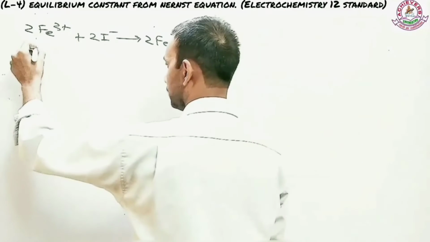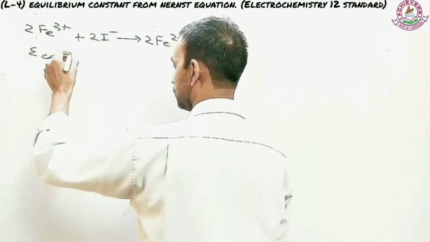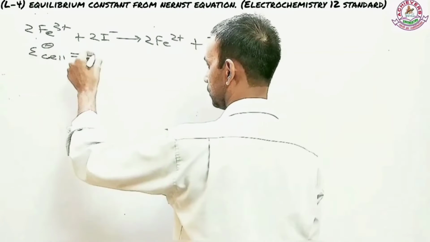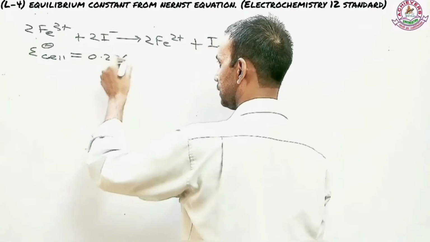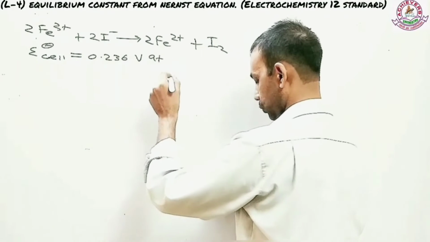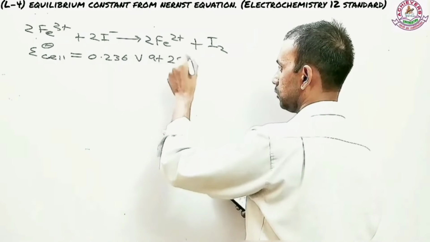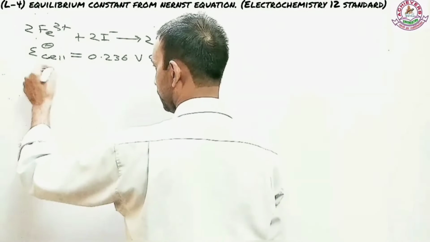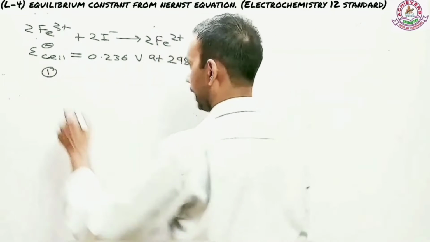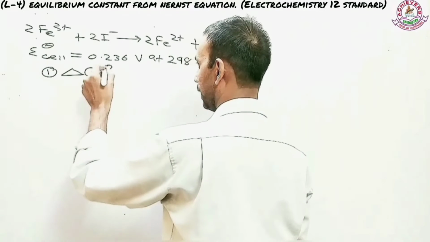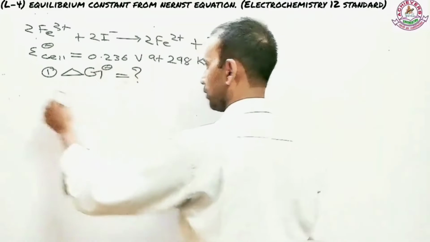And it has a standard cell potential of 0.236 volt at 298 Kelvin. So what do we need to find out? First, we need to find out the standard Gibbs energy. This is the first question.